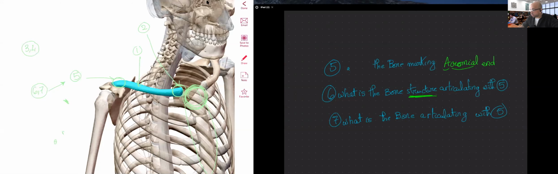So, what is the bone structure articulating with 5? You remember the spine here. What do we call the spine? It's the acromion.